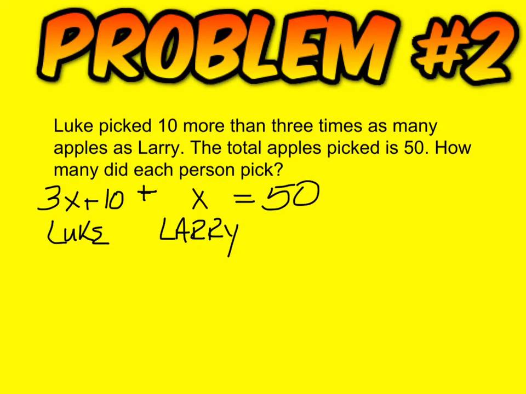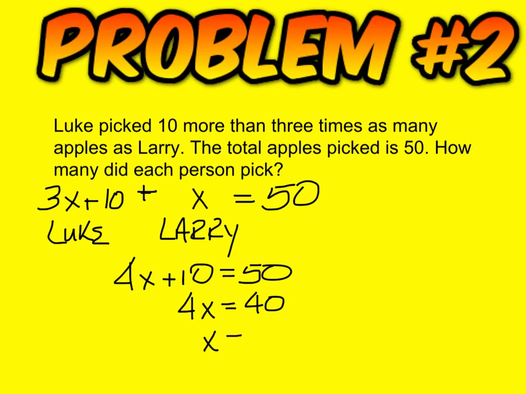How many X's do I have? 4. Am I going to add or subtract 10 with 50? If I subtract it, what do I get? And what is X? 10. So that means Larry must be 10. And if I put 10 in here for Luke, 3 times 10 is 30, plus 10 is 40.